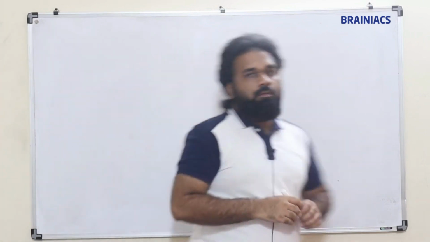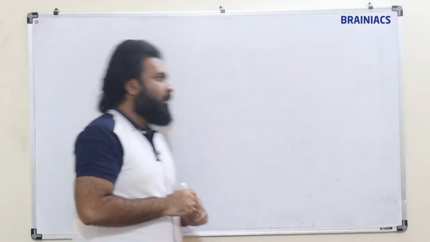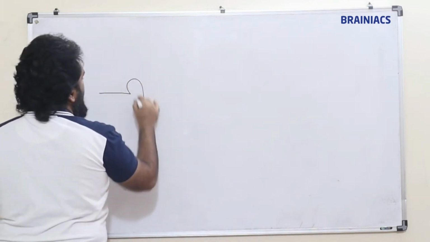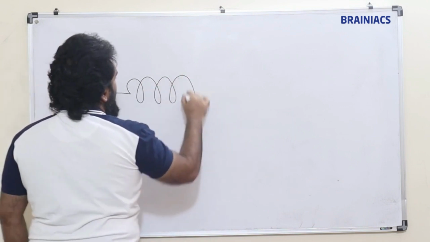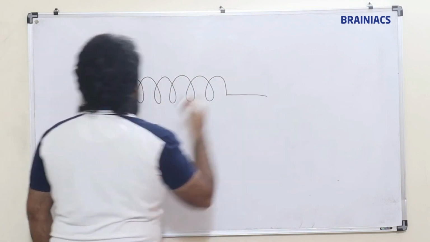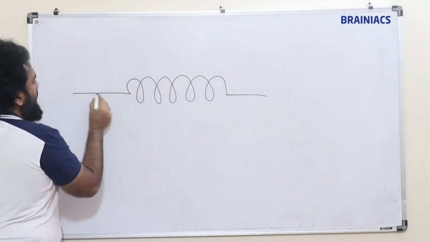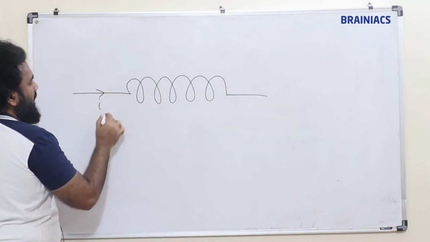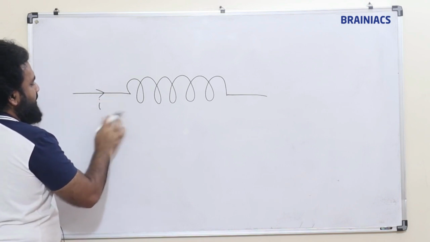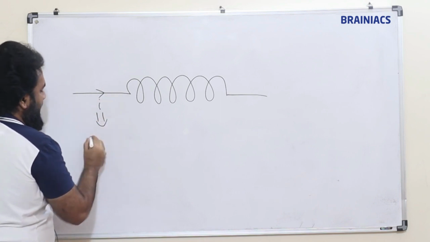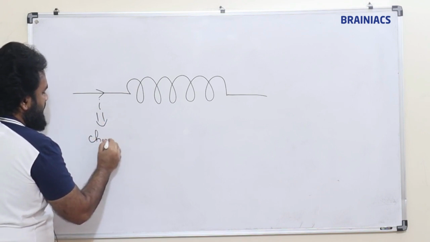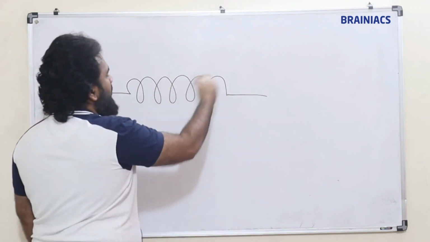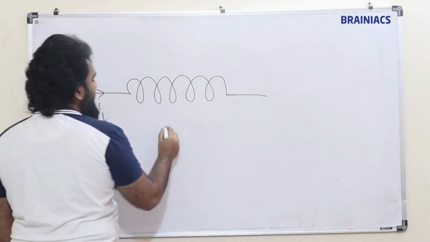Okay, so what happens? Current flows here. When current flows through this, definitely what will happen?